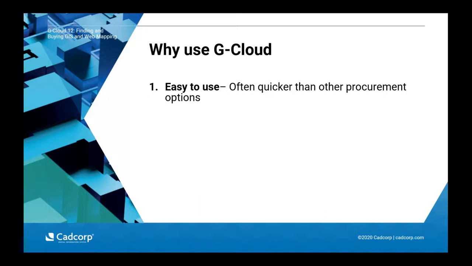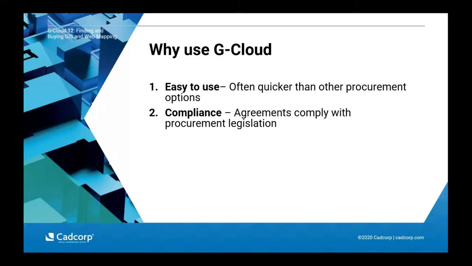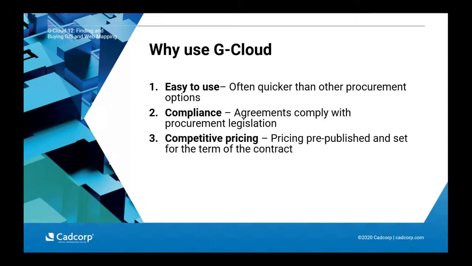All of the agreements have been put in place, all of the pricing information is there, and the compliance, which is obviously an important element, in terms of EU and UK legislation, it all complies with that process. Your colleagues in procurement and finance will be pleased to see that as well. The competitive pricing element is really interesting because all of the pricing is pre-published and set for the term of the contract as well.